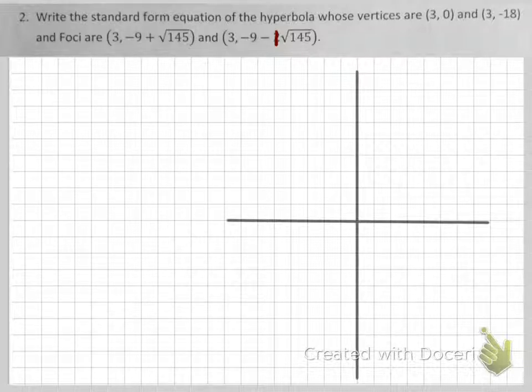It looks like we need to go down to negative 18, so I'm going to again make my scale by 2s. You can just barely get it on there. Alright, so our vertex points are 3, 0, and 3, negative 18. Alright, so here's 3, 0, 3, negative 18.